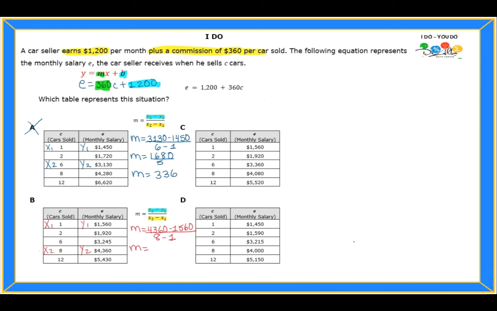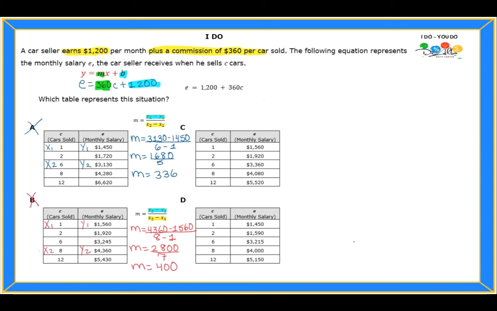Now I'm going to subtract, and I get 2,800. All of that divided by 7. If you divide 2,800 divided by 7, we get 400. Is that what I was looking for? No, right? That's not what I want. I want 360. That's my slope. So it cannot be letter B.